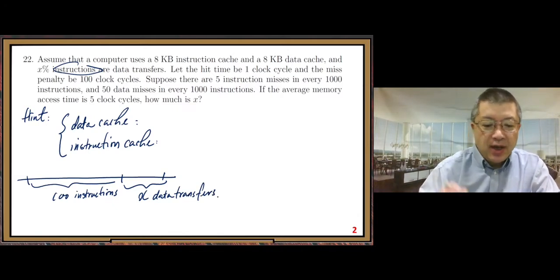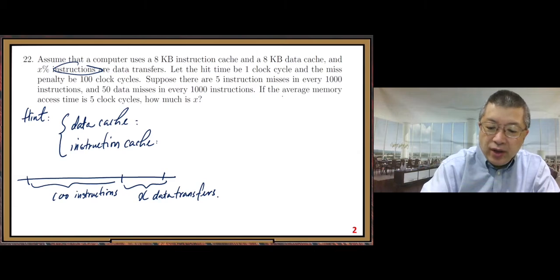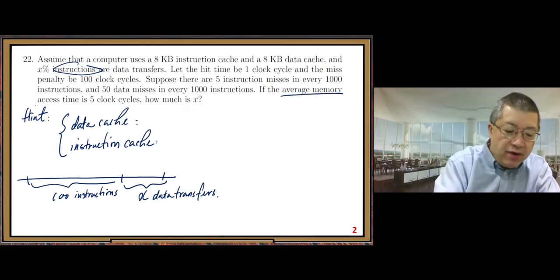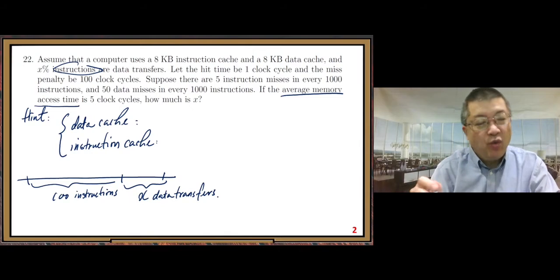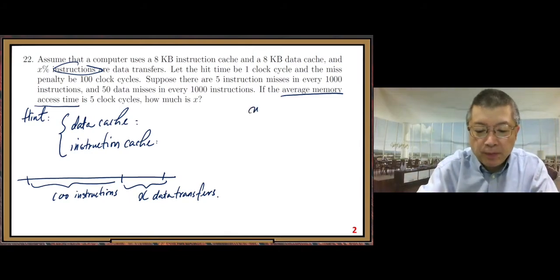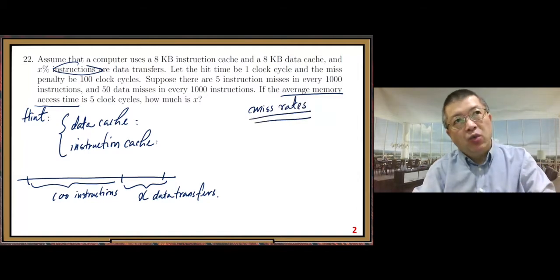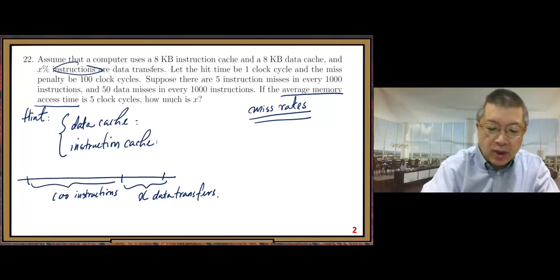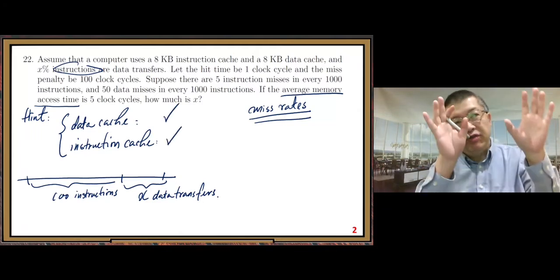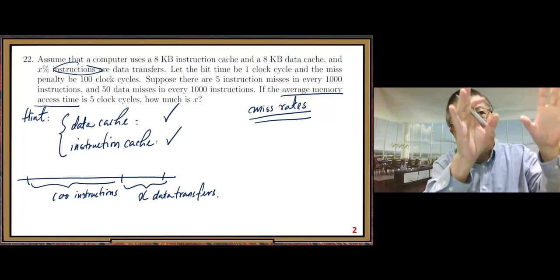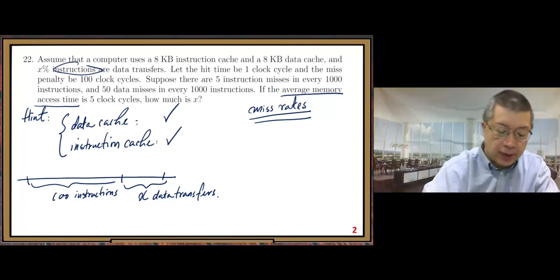Later, when we use the formula for average memory access time, we need to calculate the miss rates. When we calculate the miss rates, we need to do one for the data cache and one for the instruction cache. The formulas are different, so try to use the right formula.